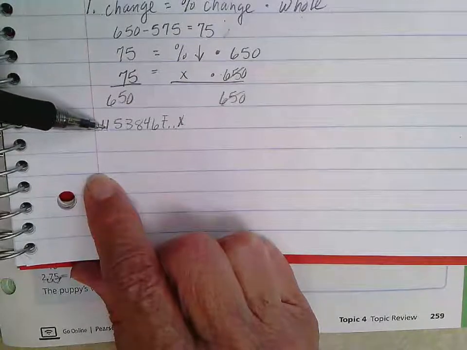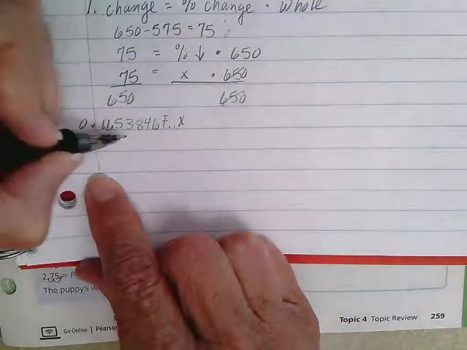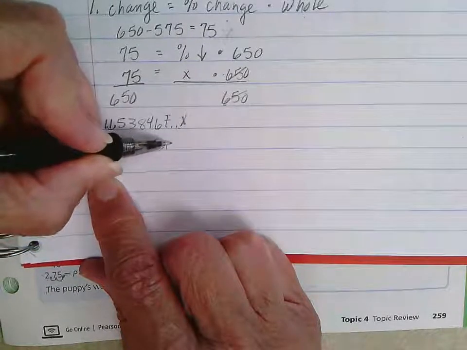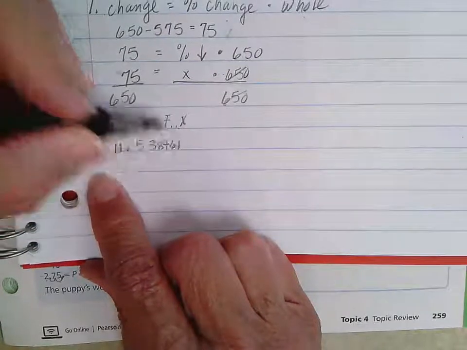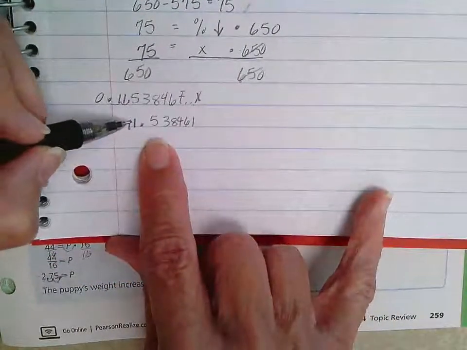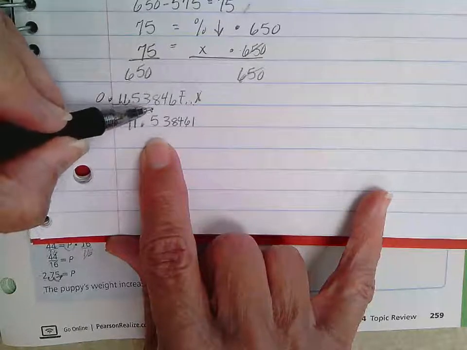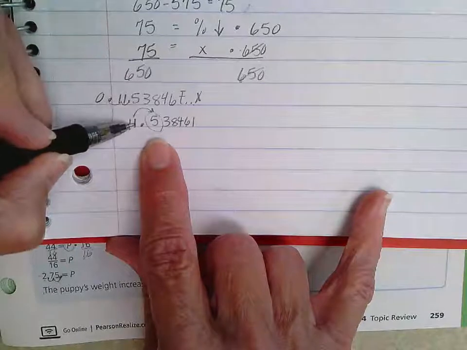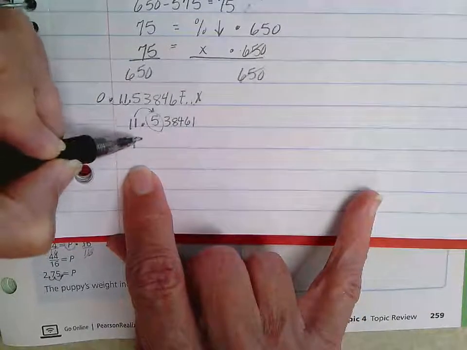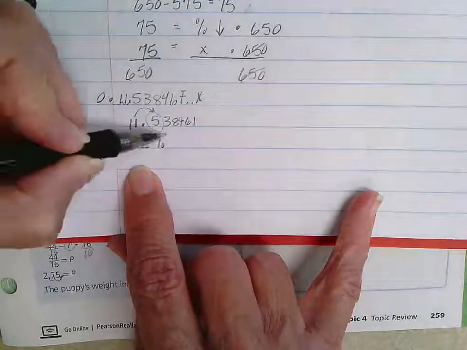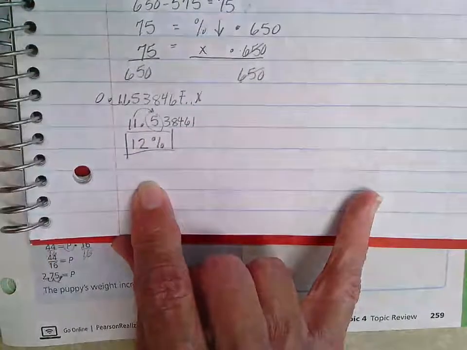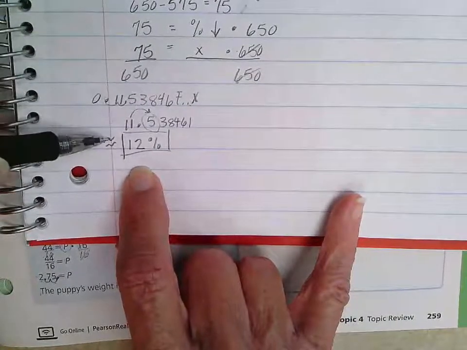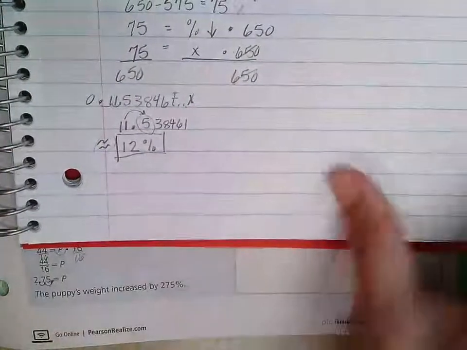So we're going to move this decimal point 2 places over to the right, which would give us 11.538461, but they want us to round to the nearest whole percent. So we look to the right. That number tells us simply to add one more to the ones place. So the answer they are looking for, rounded to the nearest percent, is 12%. And these two little squiggly lines mean about.